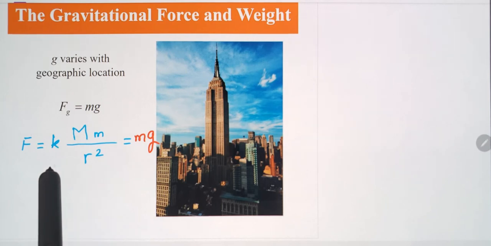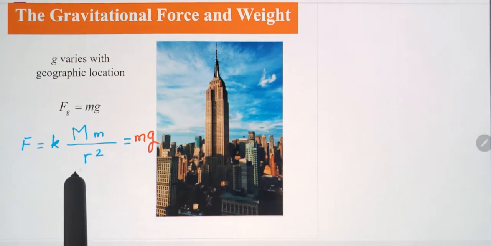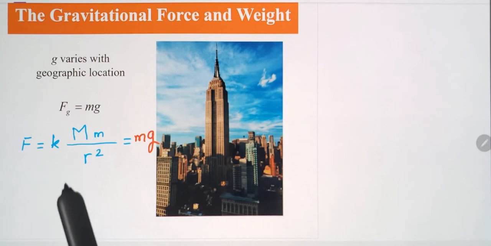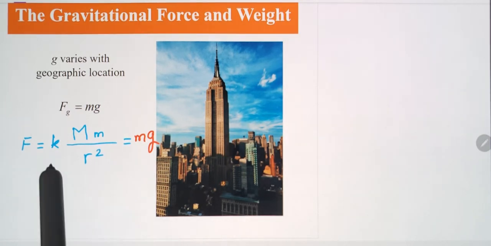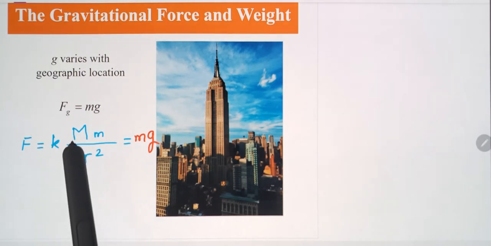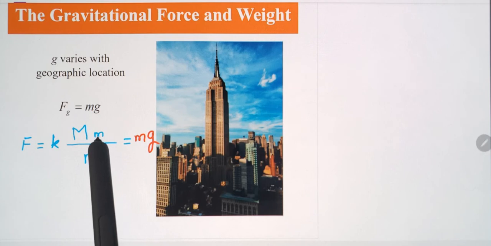This law is the law of gravitation between two masses. This law is the source of gravitational force. It's attraction between two masses. We have a constant, the mass of the big planet, and the small mass of the object divided by r square.